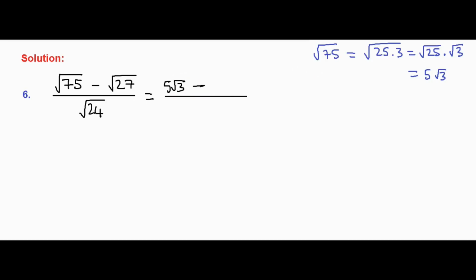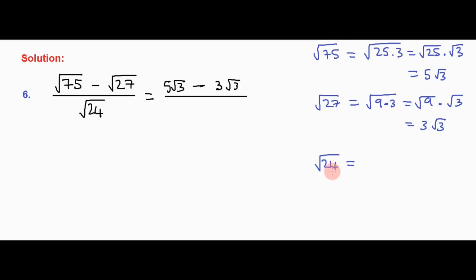Then the square root of 27, we can write as a square root of 9 times 3, which is a square root of 9 times the square root of 3, which is 3 root 3. So 3 root 3. Then the square root of 24.